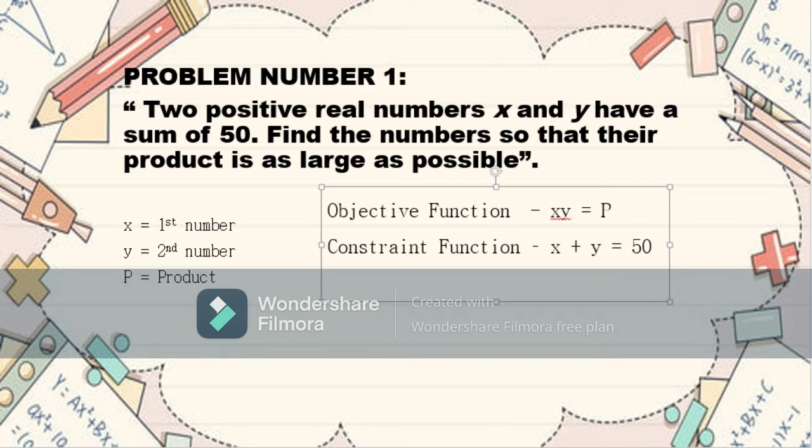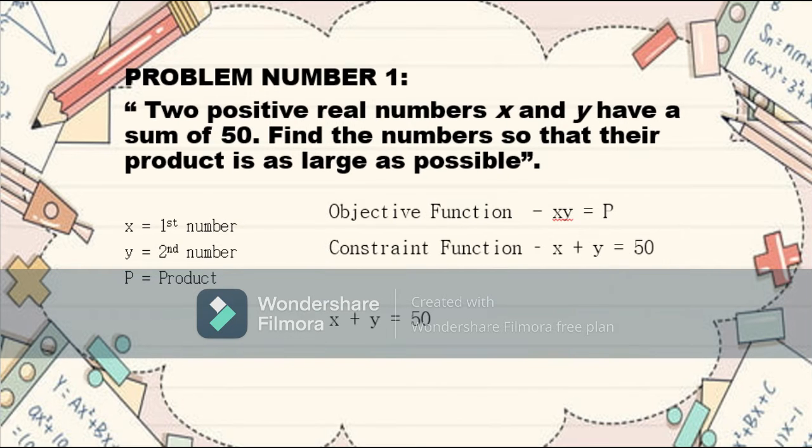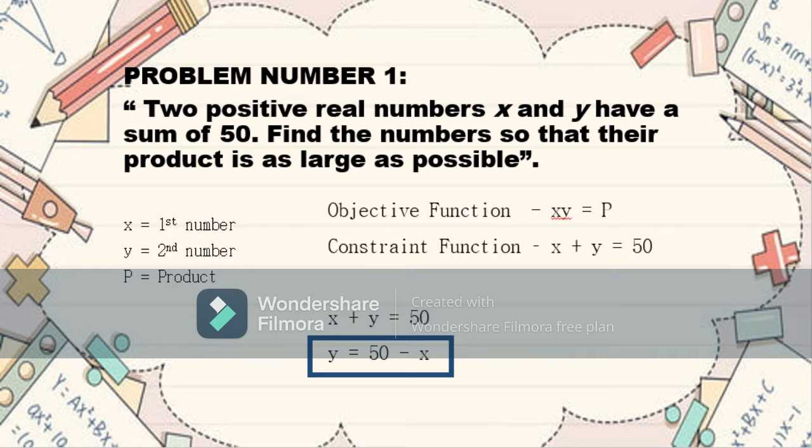Here, we are going to use the constraint function. So we have here x plus y equals 50. In solving for y in terms of x, we will just need to isolate y to the left side of the equation, resulting to y equals 50 minus x.